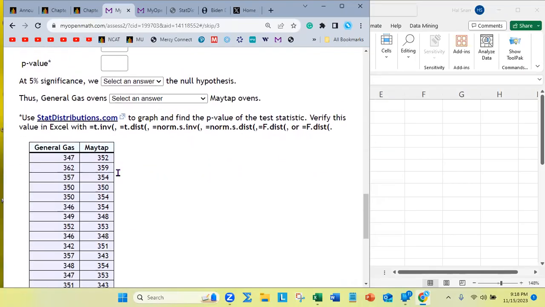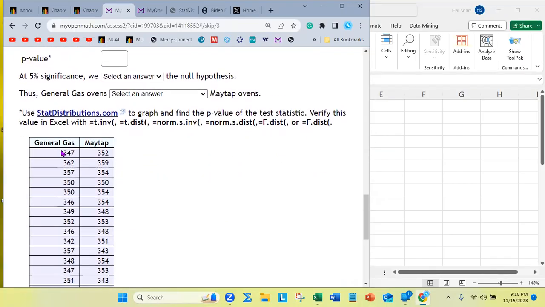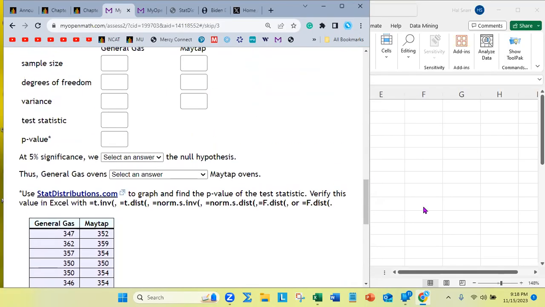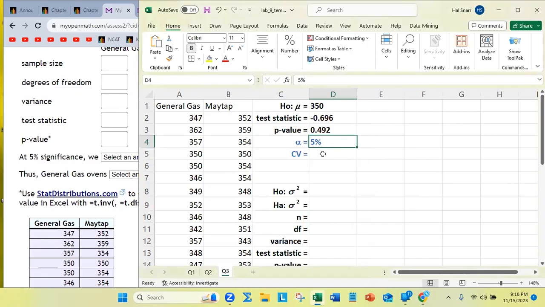So we had to use a t-distribution to calculate this. Because we don't know the population standard deviation, we have to use a sample standard deviation. We're going to use a t-distribution. I can actually calculate this value using a t-distribution.